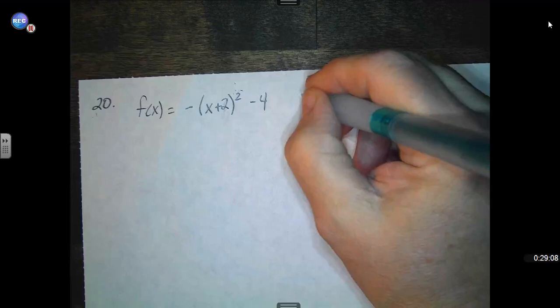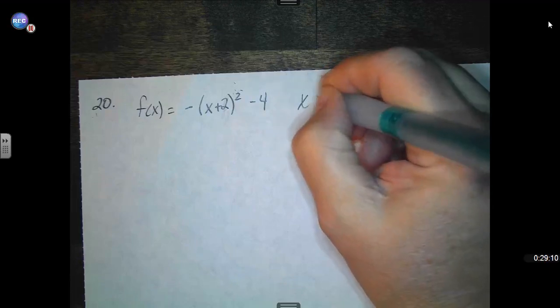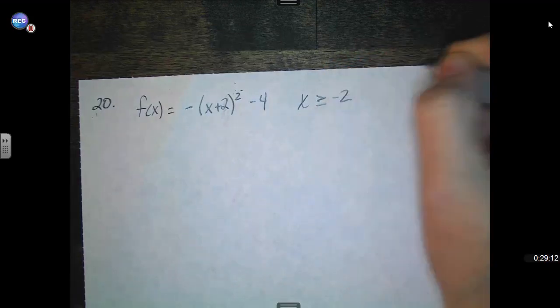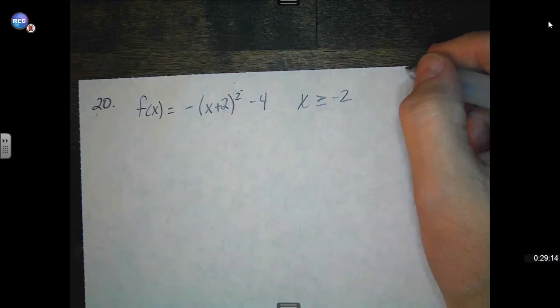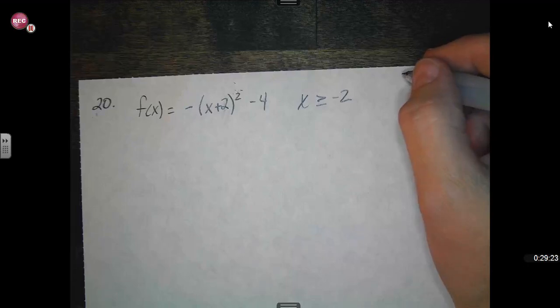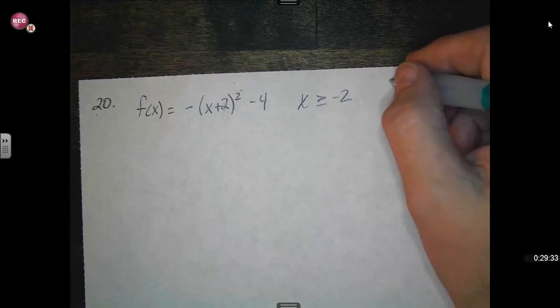And the domain is x is greater than or equal to -2. So we are supposed to find the range, find the rule for f inverse, graph them, find the domain and range of the inverse. I have to find the rule. I have to do basically everything that we talked about in class. I need to do everything except prove it.